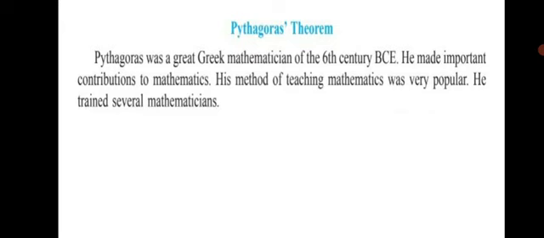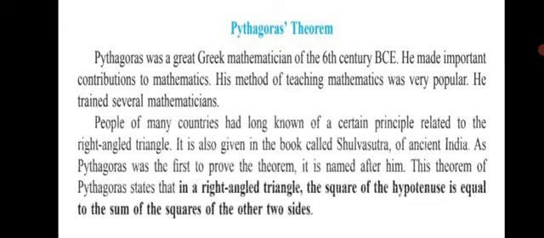He trained several mathematicians. People of many countries had long known of a certain principle related to the right angled triangle. It is also given in the book called Shulva Sutra of ancient India. As Pythagoras was the first to prove the theorem, it is named after him.